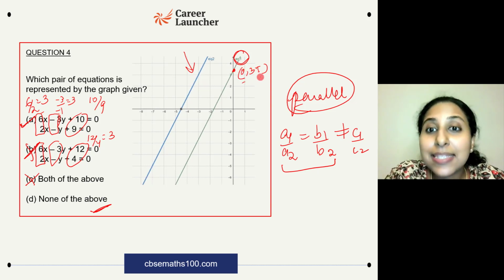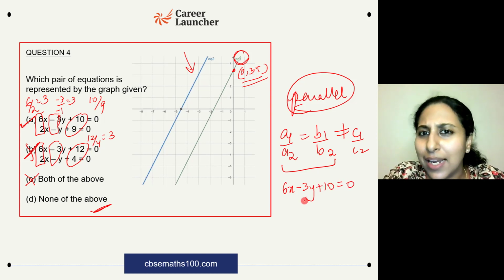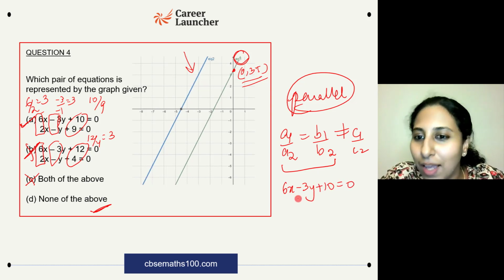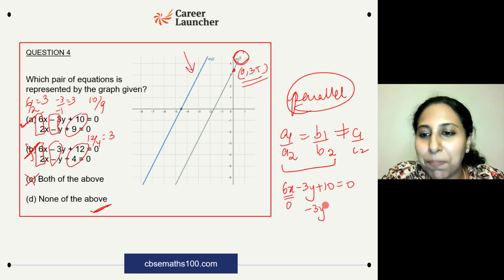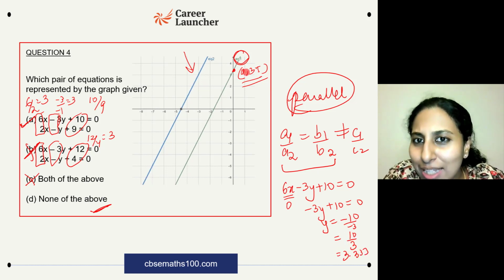Let us see whether this gets satisfied for the first equation. The first equation says 6x minus 3y plus 10 is equal to 0. Let's put x equal to 0. When I put x equal to 0, we get minus 3y plus 10 equal to 0, which means y is equal to minus 10 by minus 3, which is 10 divided by 3 or 3.333.